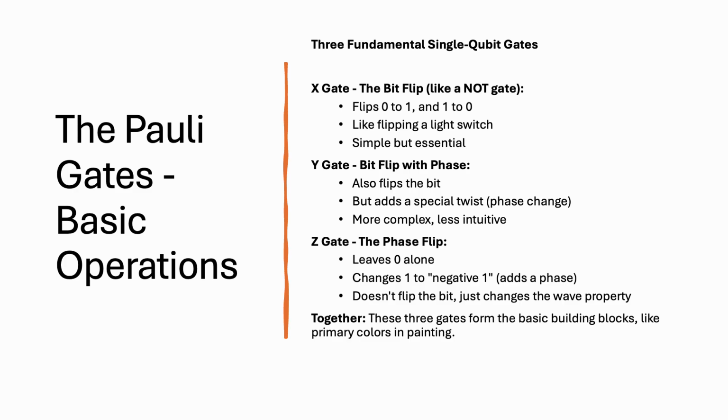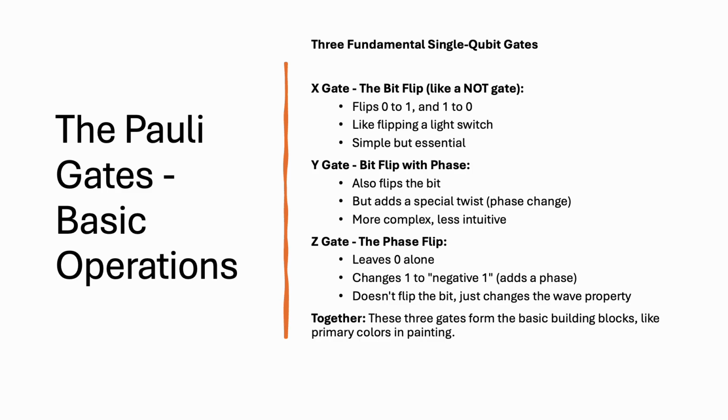The Pauli gates' basic operations. Let us start with three of the most fundamental quantum gates, called the Pauli gates, named after physicist Wolfgang Pauli. These are the quantum analogues of basic bit operations but with quantum twists. The first is the X gate, also called the bit flip gate or the quantum NOT gate.